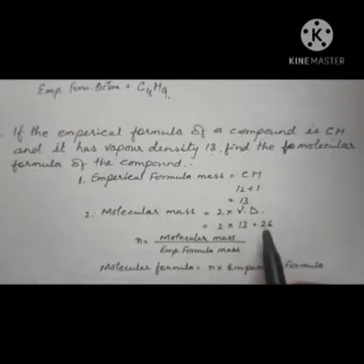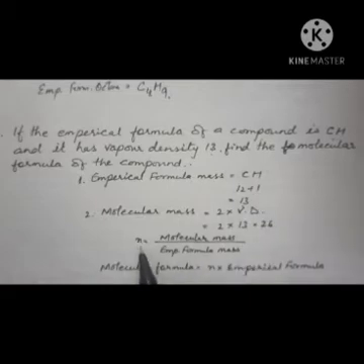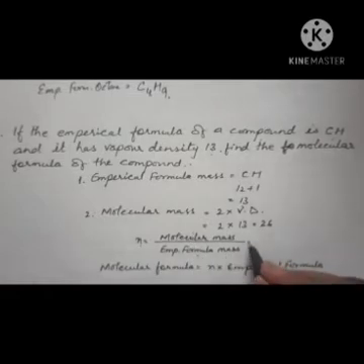Now you know the molecular mass and the empirical formula mass. Then you find out this N. N is equal to molecular mass divided by empirical formula mass. Molecular mass is 26 and empirical formula mass is 13. So 13 twos are 26, so N is equal to 2.